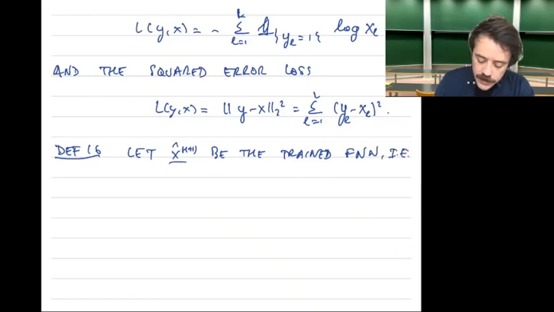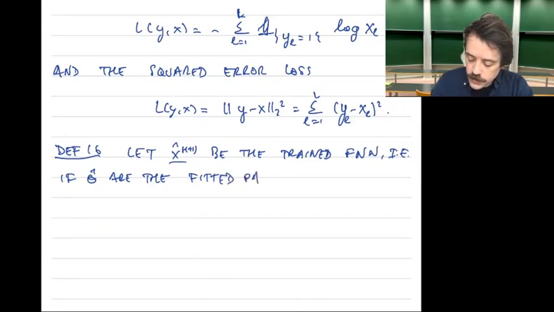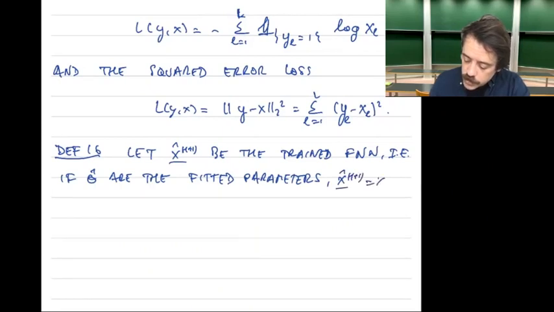Well, I mean that if theta hat are the fitted parameters, and we don't need to talk about how we fitted them, then it is given by just the usual functions we wrote above, but for that theta hat, and it's a function of the x's.